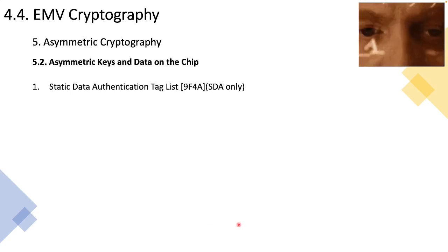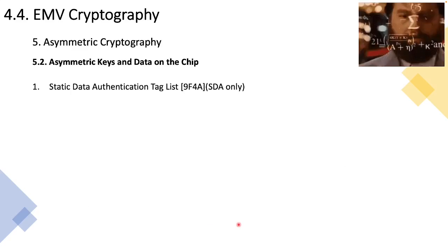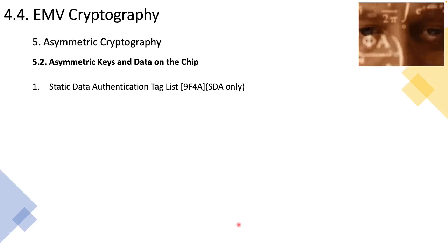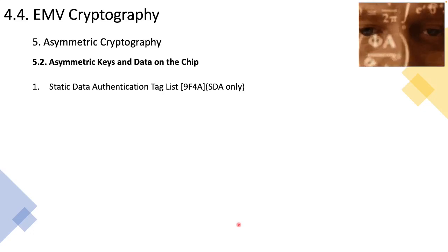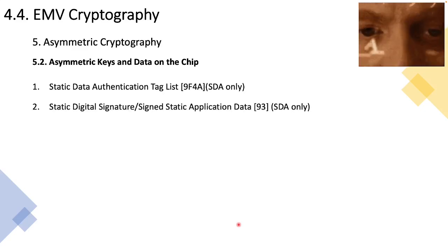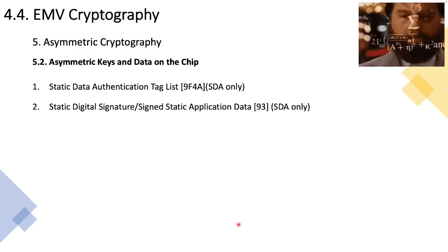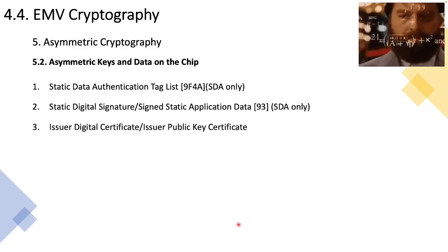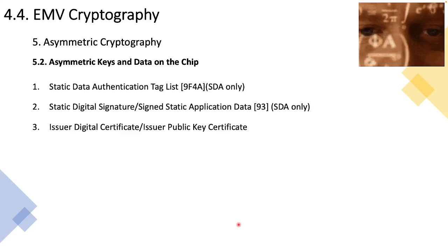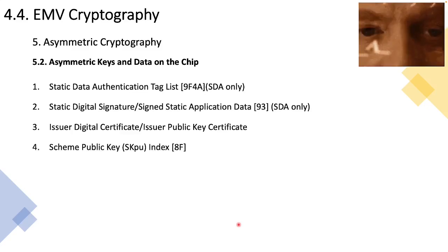So the following 8 items are personalized to the chip. First is the static data authentication tag list, tag 984A, and this is there specifically for SDA only. Next is the static digital signature, also called signed static application data, tag 93, and this is for SDA only. Next, we have the issuer digital certificate, also known as the issuer public key certificate.